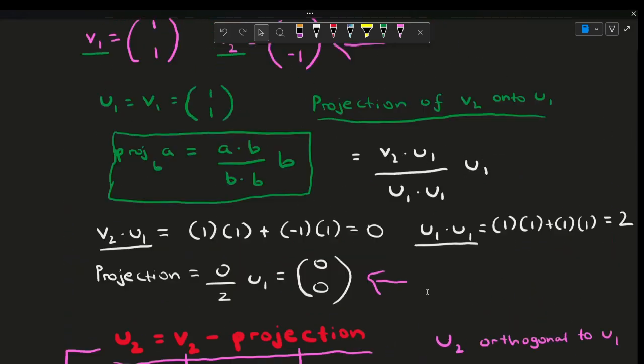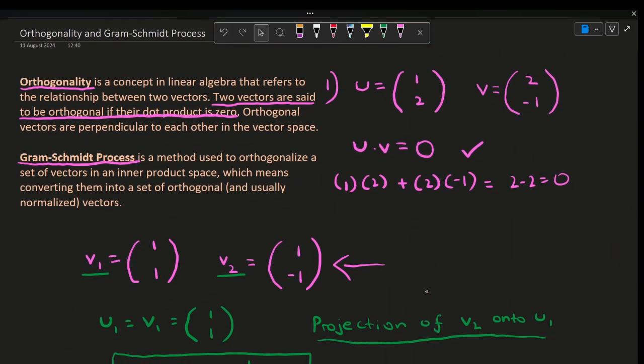Let's go over what we've done today. We have the two definitions of orthogonality and the Gram-Schmidt process. The first step we did was find whether these two vectors were orthogonal or not. You find the dot product, and that was equal to 0. Since it was equal to 0, we know that vectors u and v are orthogonal.